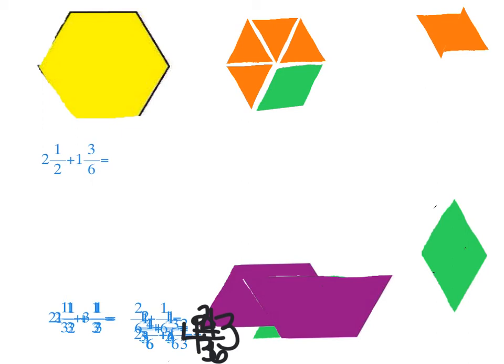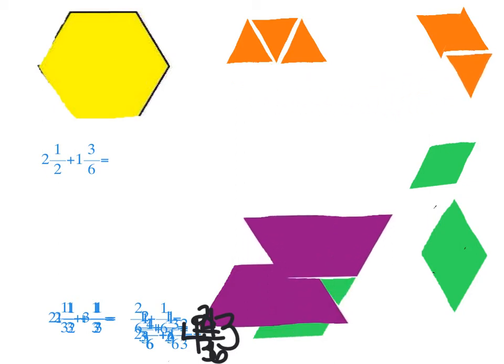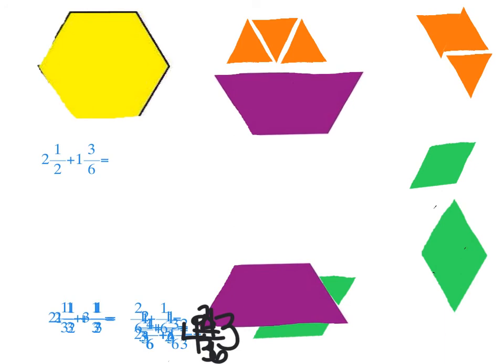We have 2 1/2, so that means we have 2 hexagons and a half. So I'm going to move this over. Well, actually, we're going to have 3 sixths in the next part, so I'm going to move one of those. We've got a half. Oh, wait, looky there. It's a little large right now. I can resize it, but you can see that that's going to make a whole.